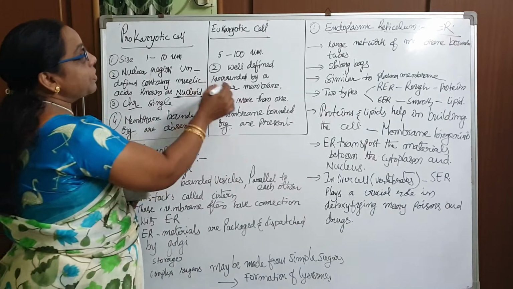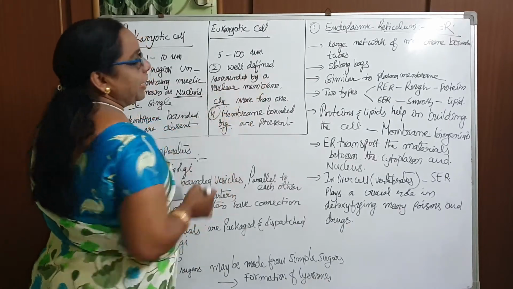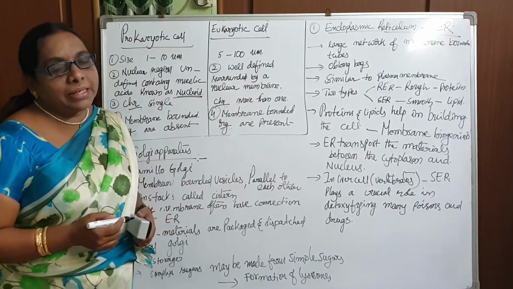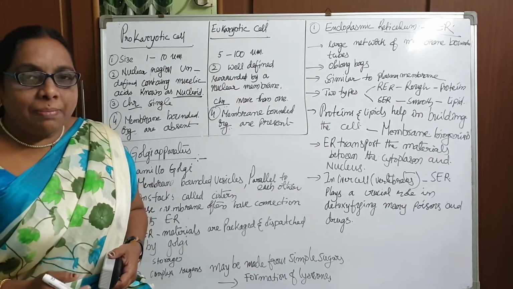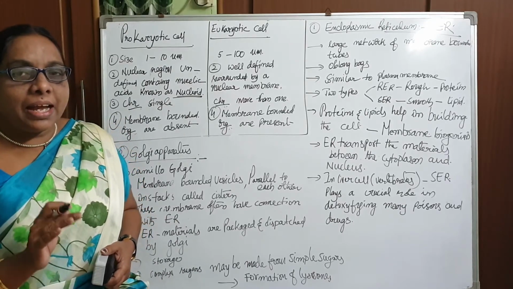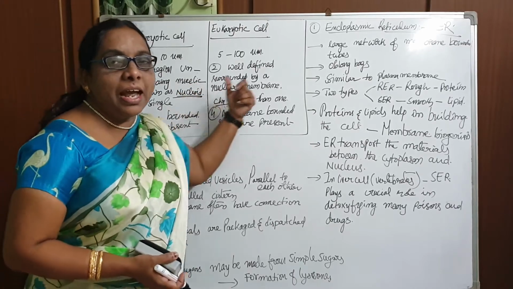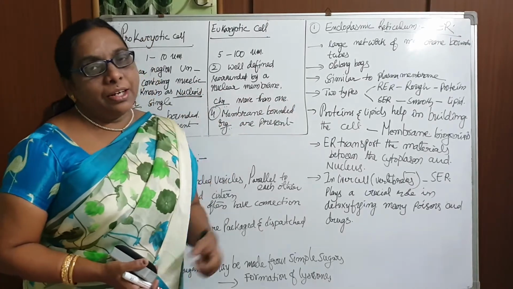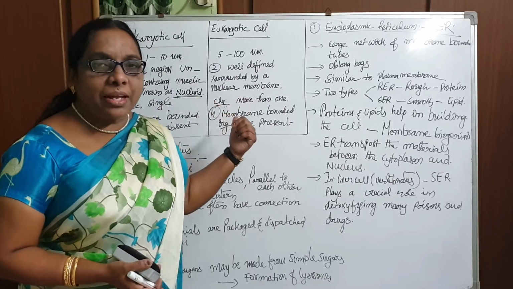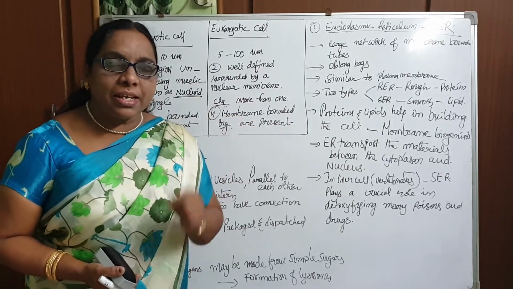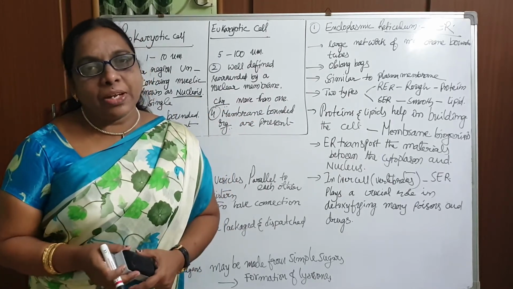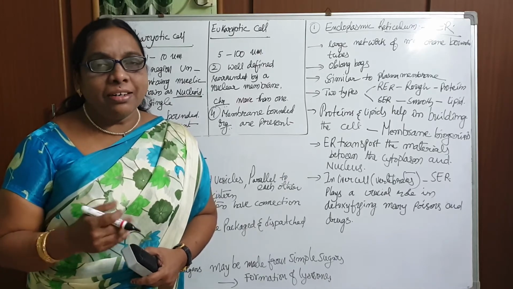Whereas the eukaryotic cell has a well defined nucleus surrounded by a membrane. Undefined nucleus in the prokaryotes and well defined nucleus in the eukaryotes. Prokaryotic cells have only a single chromosome, and eukaryotic cells have more than one chromosome.